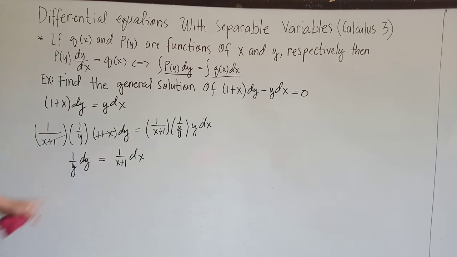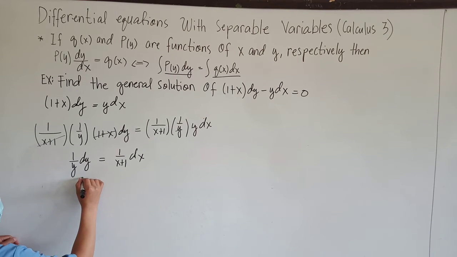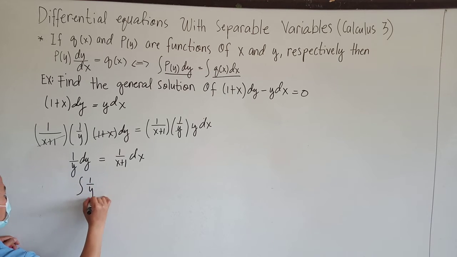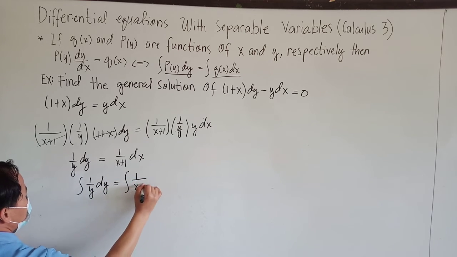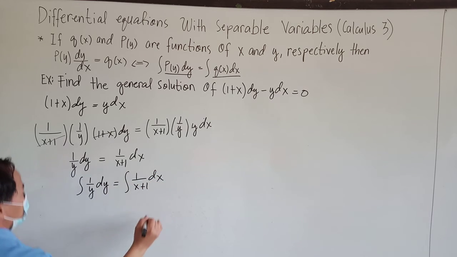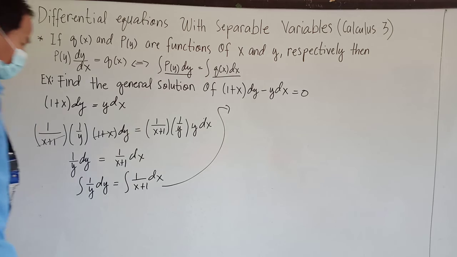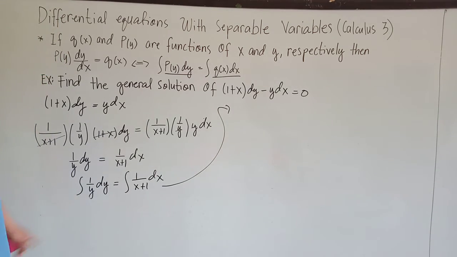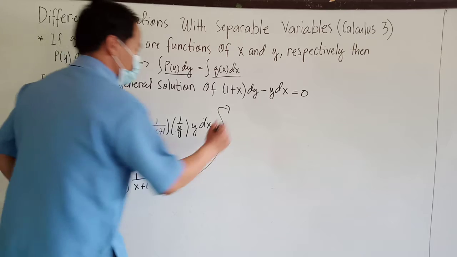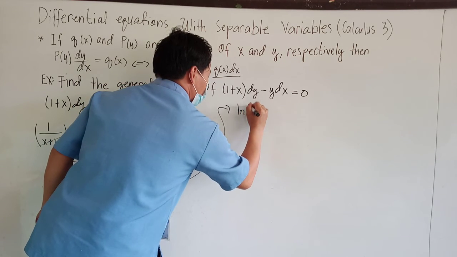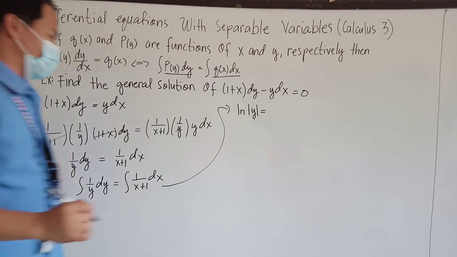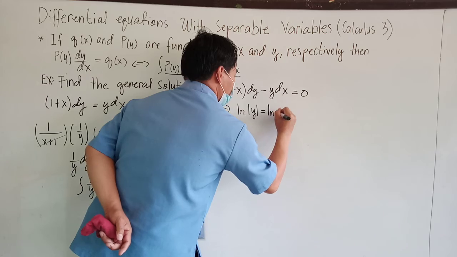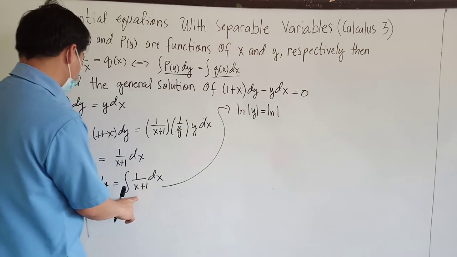At this time, we can now integrate both sides. We have here the integral of 1 over y dy is equal to the integral of 1 over x plus 1 dx. Then we can now simplify this one. The integral of 1 over y is just equivalent to ln of y, is equal to the integral of 1 over x plus 1, which is ln of x plus 1.